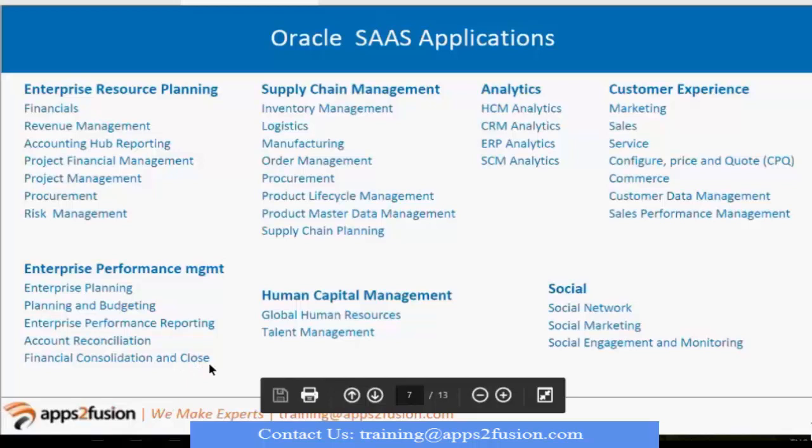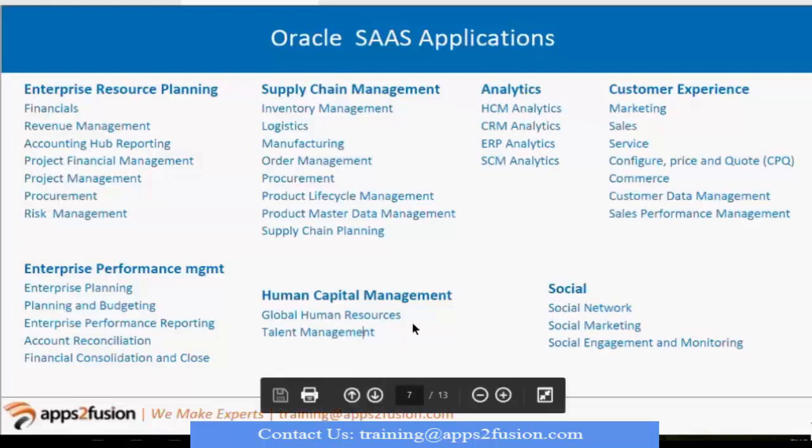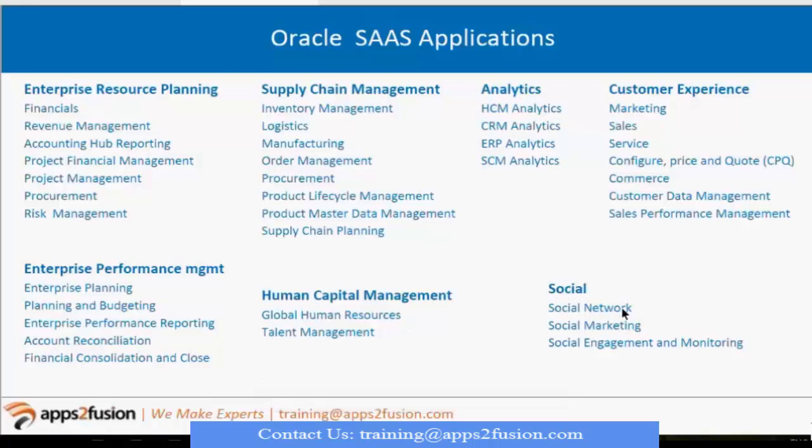So all these are available under EPM cloud. And then you have HCM, so global human resources, core HR, absences, payroll, all those things will come under this. And then you have talent management. And then you have Taleo also for recruitment and learning. And then these social networking and other things. So all these together are known as SaaS applications. We'll be mainly interested in financials in this training.